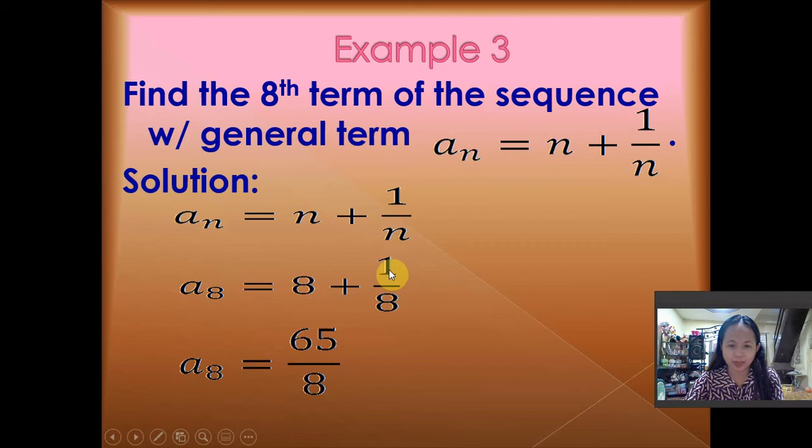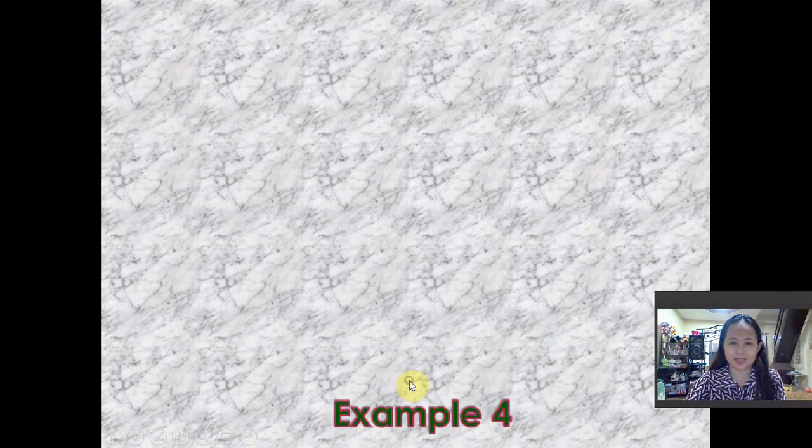So 64 plus 1, that is 65. 1 times 8, that is 8. We have the denominator 1 here times 8, that's 8. So we have 65 over 8. Again, that's 8 times 8 plus 1. 8 times 8 is 64, plus 1, it's 65 over denominator 8. So our 8th term is 65 over 8.